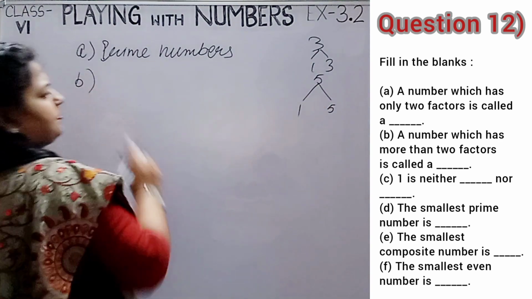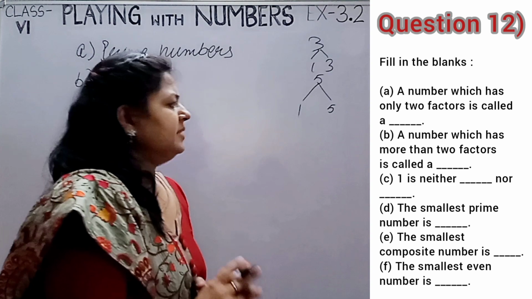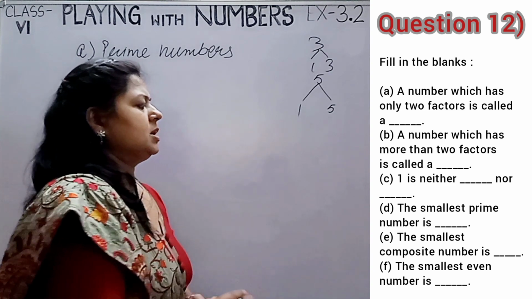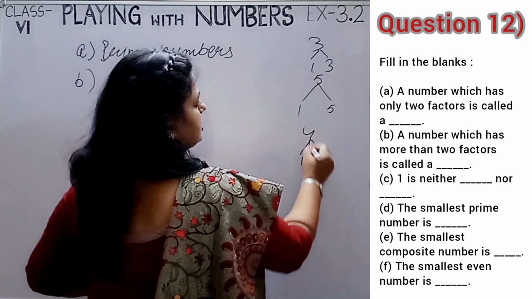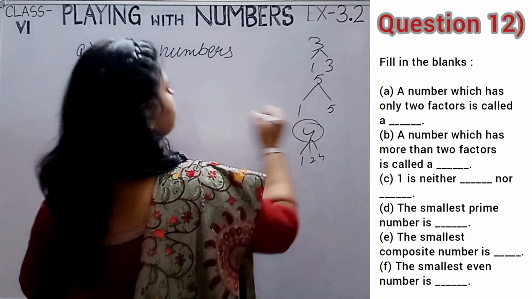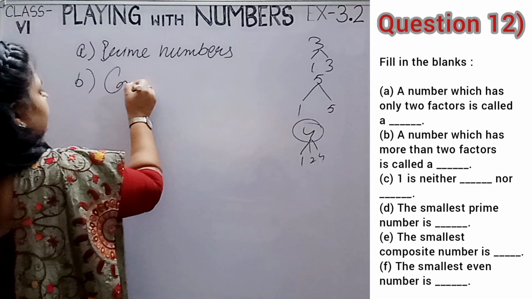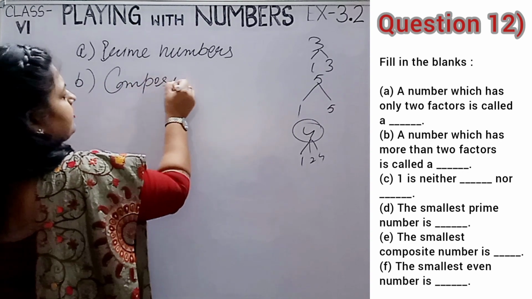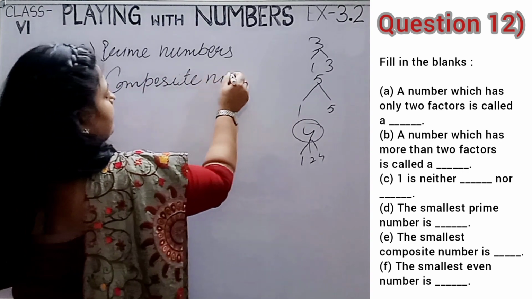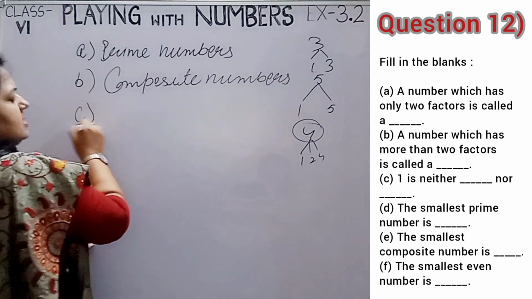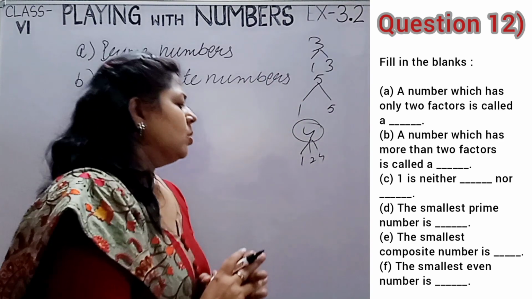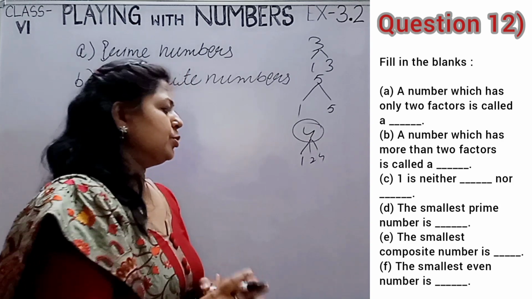B part. A number which has more than 2 factors is called a dash. So you know, more than 2 factors means a composite number. Now C part. 1 is neither dash nor dash.